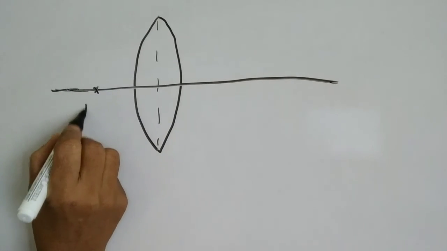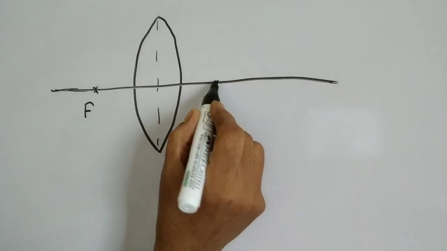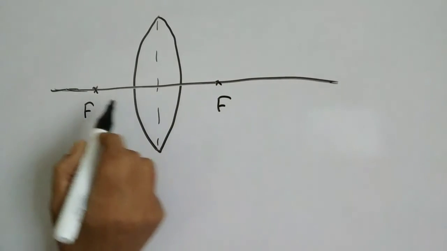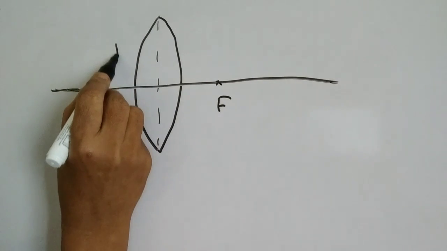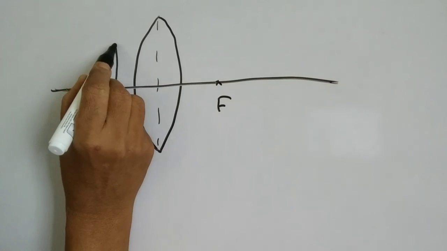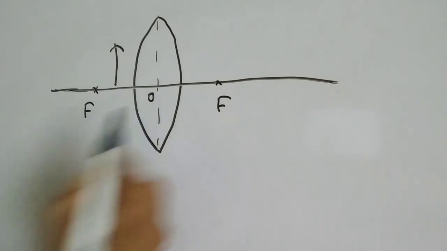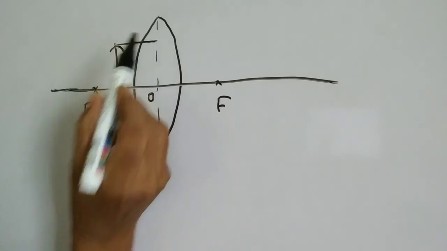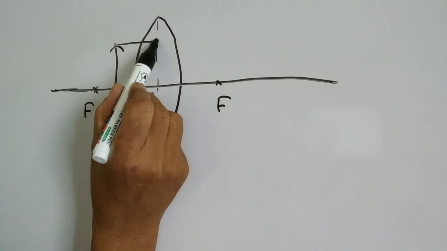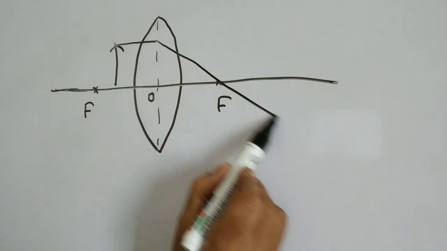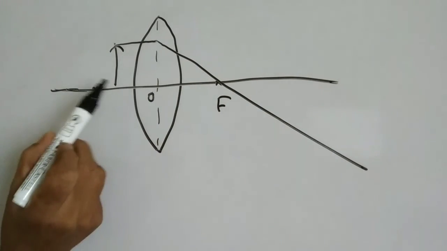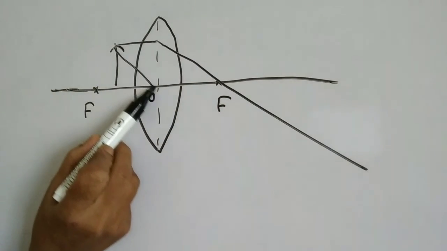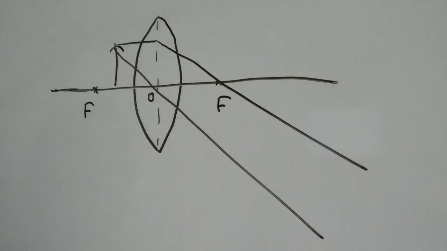Let this be F. Here also this be F. And the object is placed between F and O, optical center. The ray parallel to the principal axis after refraction passes through the focus. The ray passing through the optical center goes straight away.